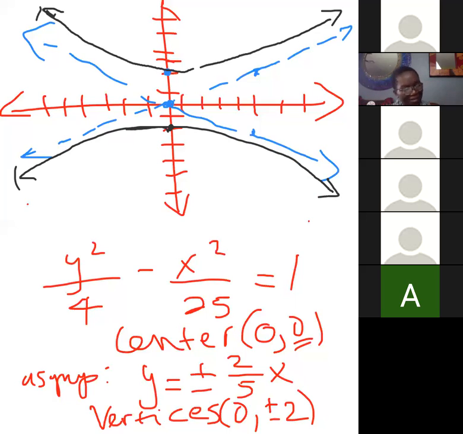Now guys, here's the big question. Why is this one wider than the previous one we drew? Anybody have a thought? There is a bigger change in x. Okay, that's good, Gabby. Anybody else? Do you remember when we talked about vertical stretching and shrinking with the parabolas?